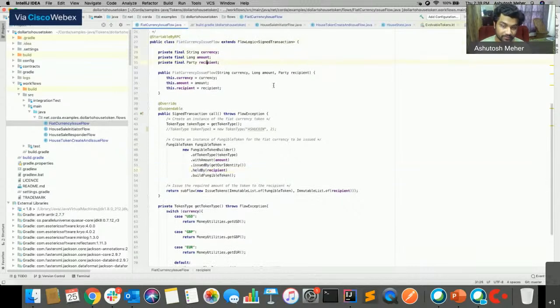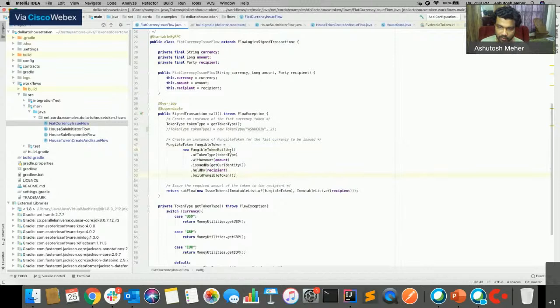Then we call the build fungible token method, which will create the fungible token instance for you. So all those things which we used to do earlier are just taken care of within this builder, and you don't have to worry about how that works internally.